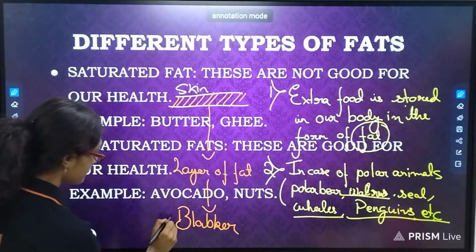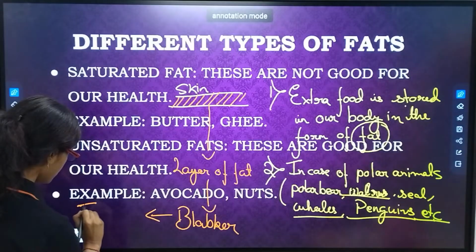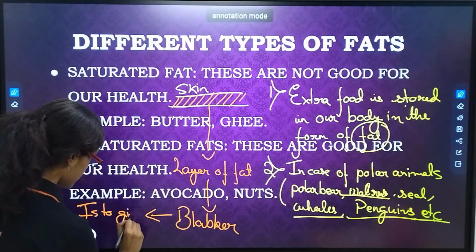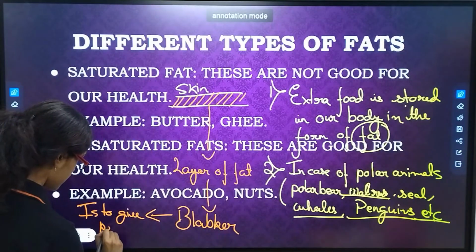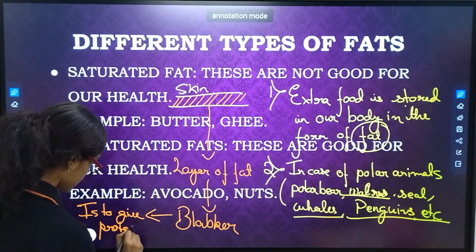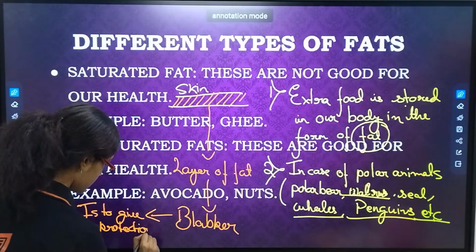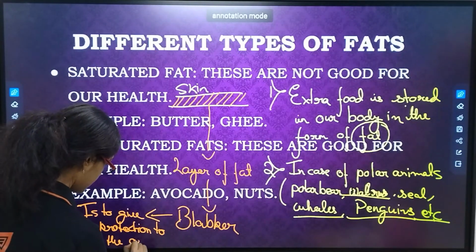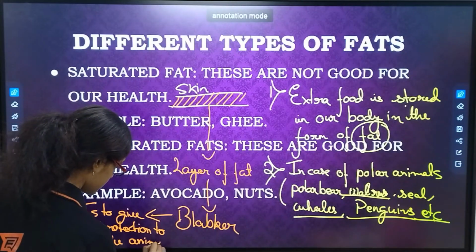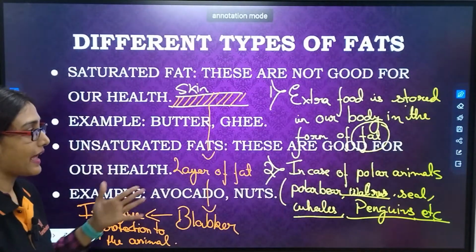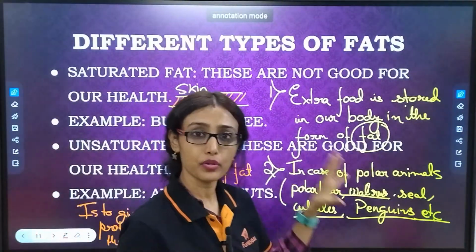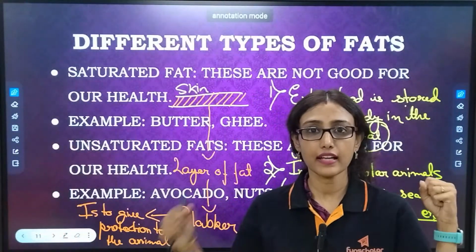What is the function of blubber? Is to give protection to the animal. Okay, that is why this layer of fat acts as a protective layer. Okay, like a jacket.